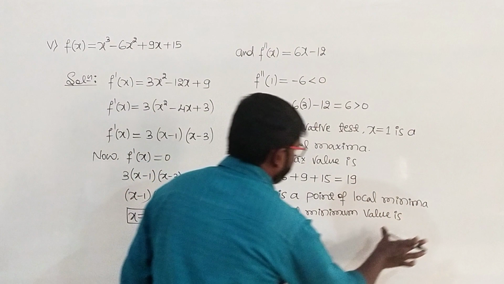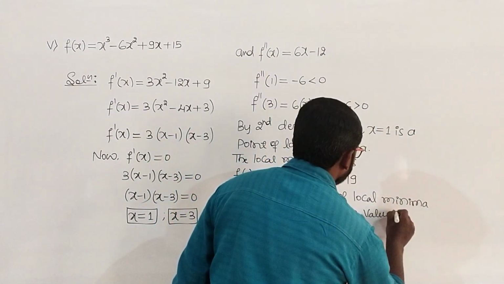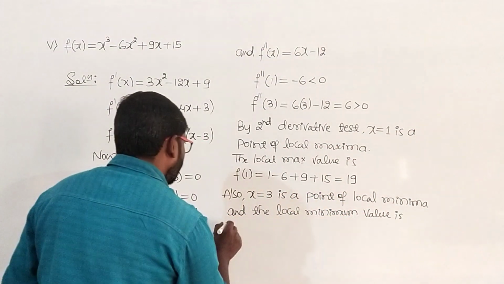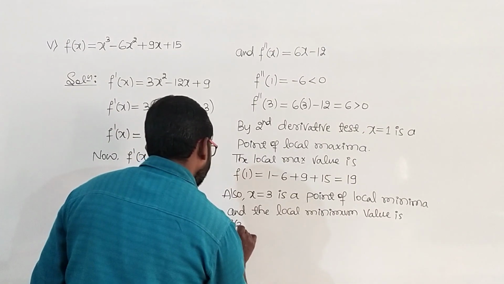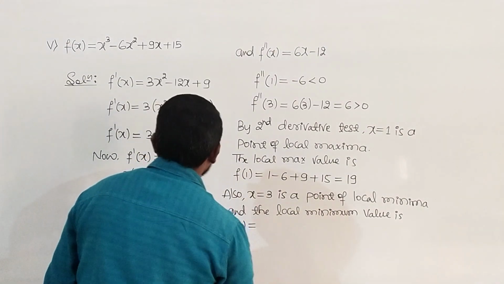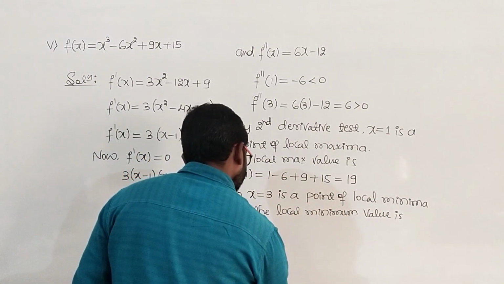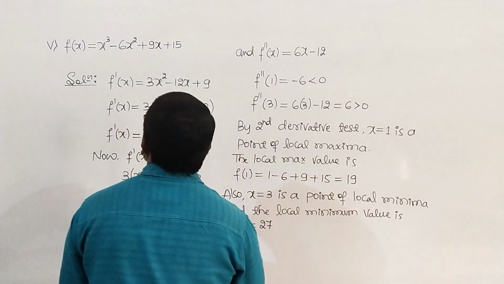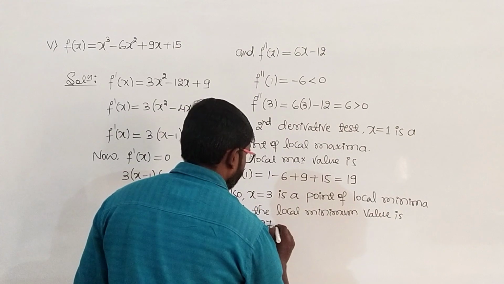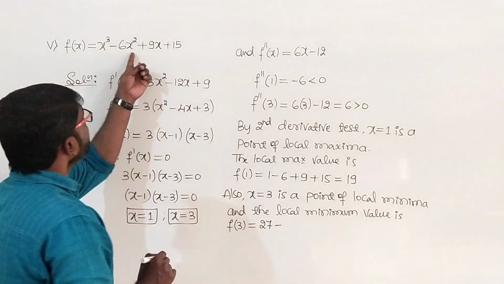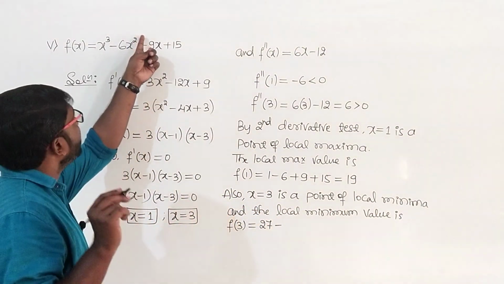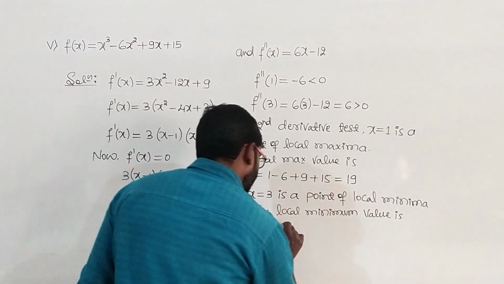The local minimum value is f of 3, which will be equal to 3 cube, it is 27. Then minus 3 square, it is 9, 9 into 6, 54.